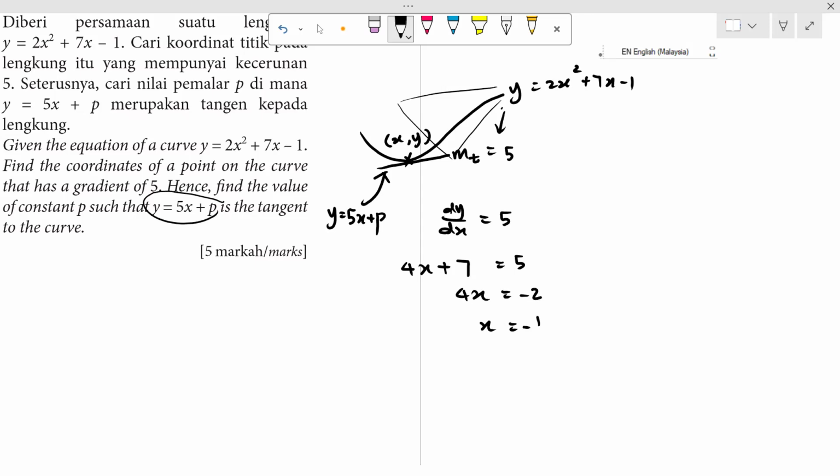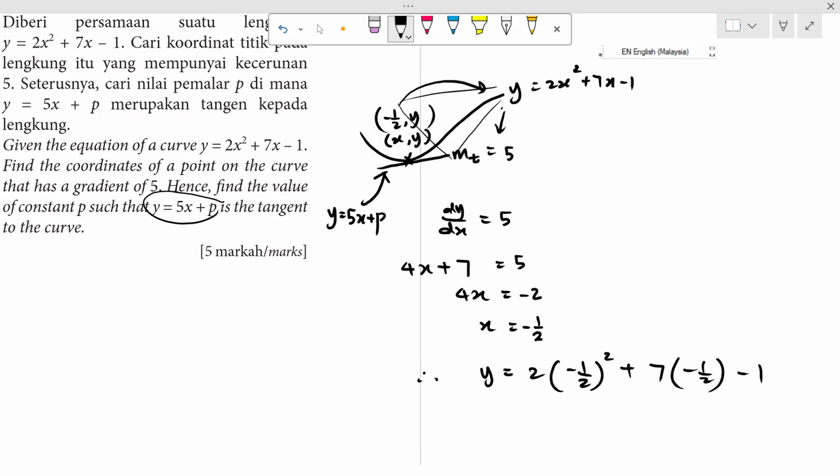X equals to negative half. So I found this one to be negative half. But I need to find the coordinates. What is the y value? This golden triangle, now you sub in here. Therefore, y equals to 2 negative half squared plus 7 times negative half minus 1.